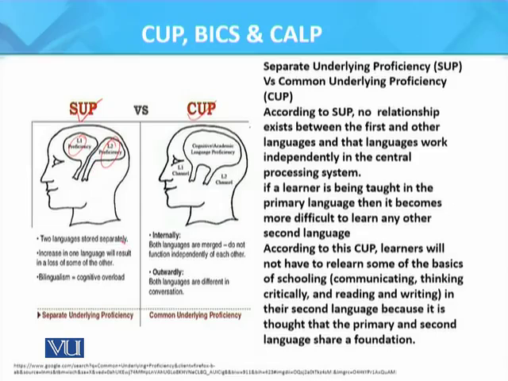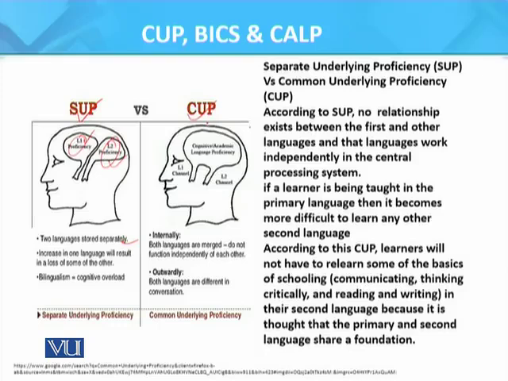They are stored separately. An increase in one language will result in a loss of some of the other. So if one area is emphasized or paid more attention to, the other area is neglected because the representations are separate.